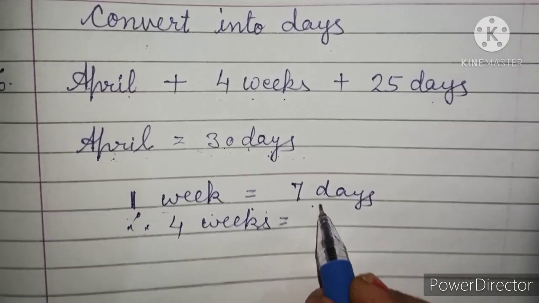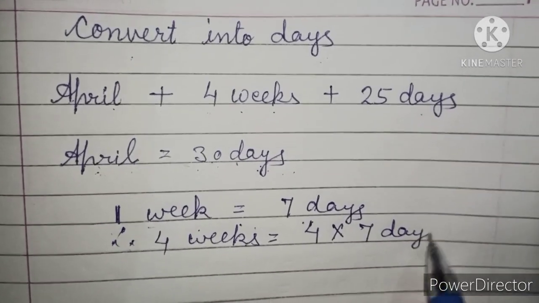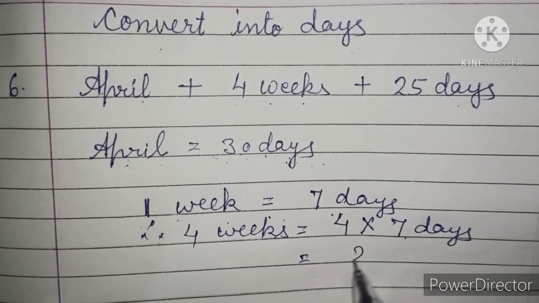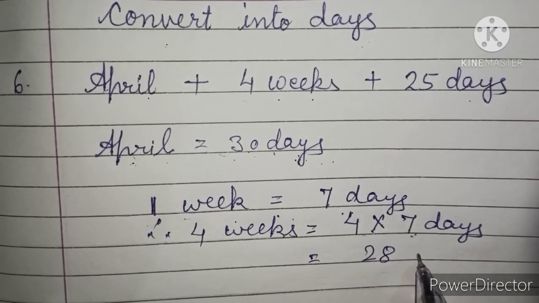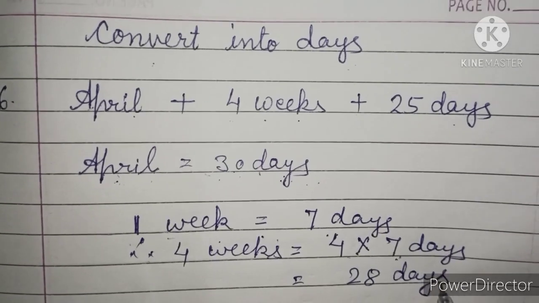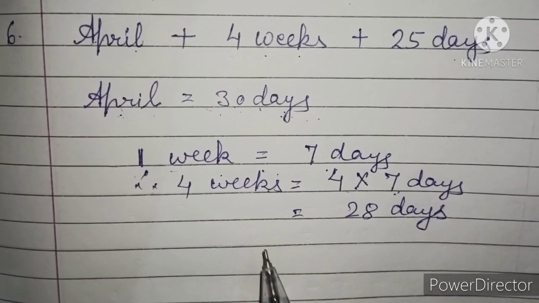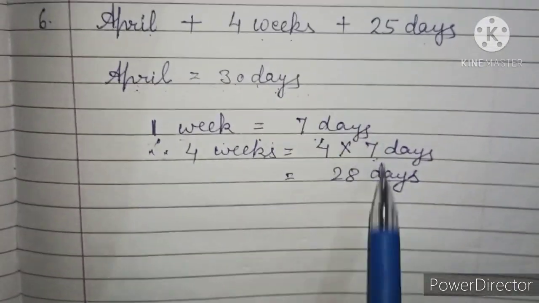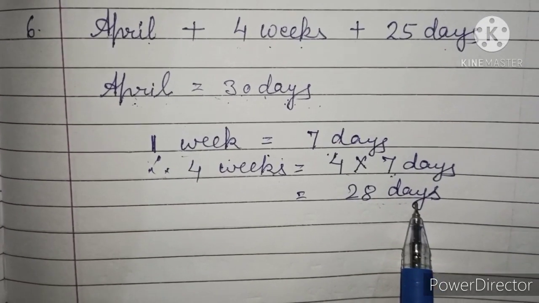So children, we have to write here 4 multiplied by 7 days. So tell me, 4 7s are 28 days. Okay? Now you can see that I have also changed weeks into days. Clear?